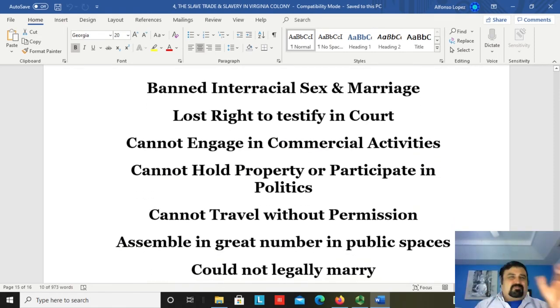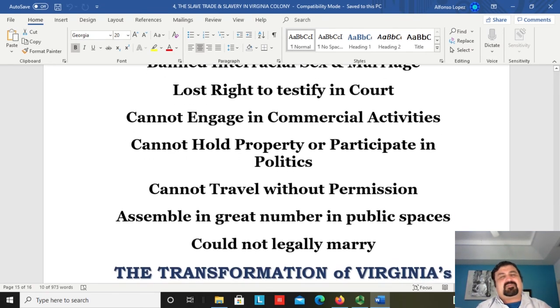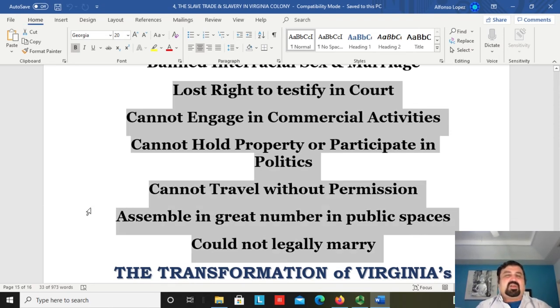Those slave codes also prohibited marriage, again called interracial marriage, between the Virginians, the English settlers, and the Africans. And of course, the status of slaves implied that slaves couldn't really participate in the political or economic life of the colony.